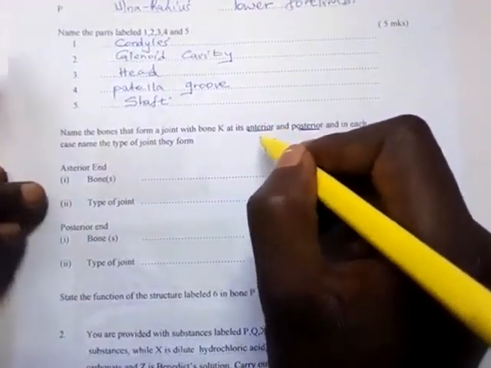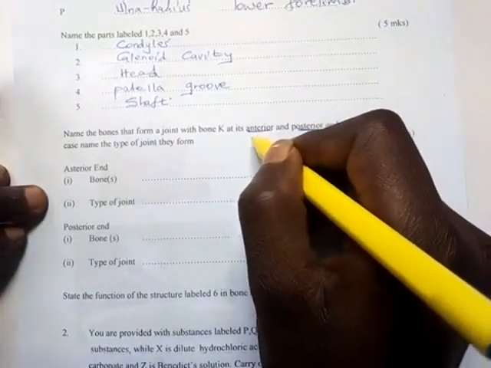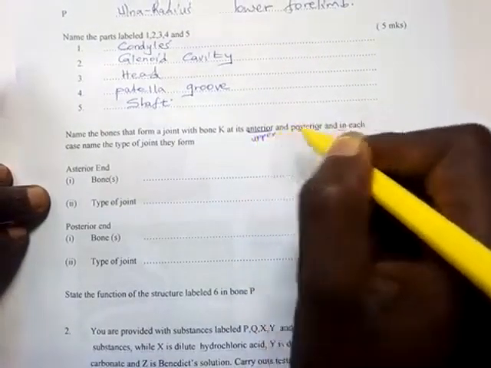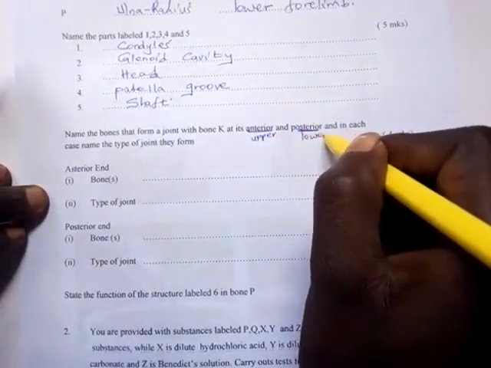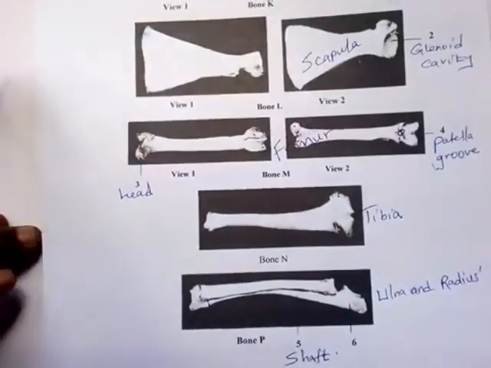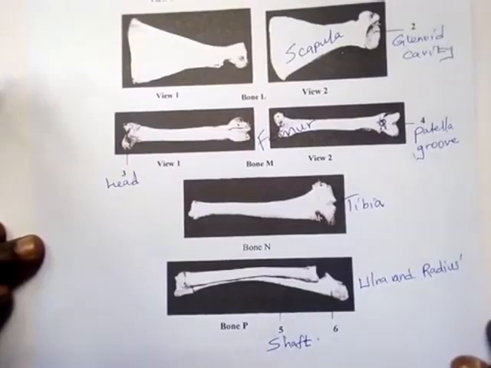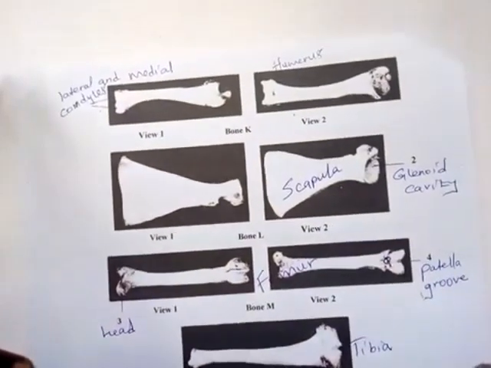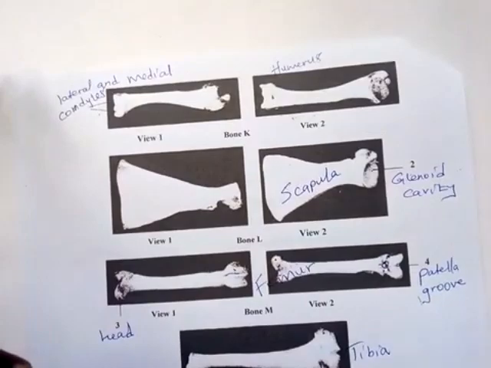In the earlier video we said that anterior is the upper side, while posterior is the lower side. Now when you have identified like that, you look for the bone K. Bone K is the humerus.